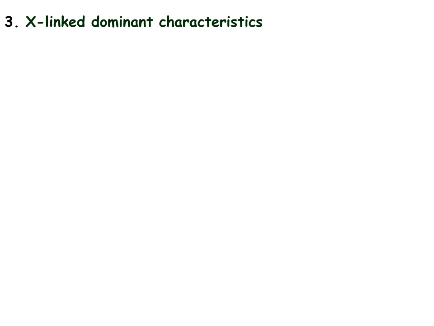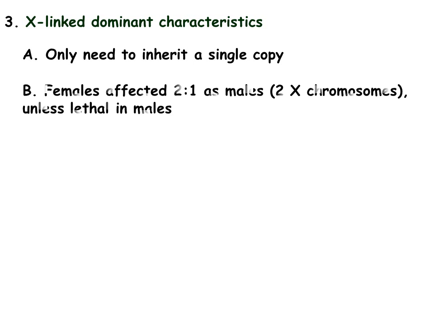What are the characteristics of X-linked dominant inheritance? Well, you obviously only need to inherit a single copy. Females are affected 2 to 1 compared to males because they have 2 X chromosomes, so they're more likely to have it, unless, of course, it's lethal in males.